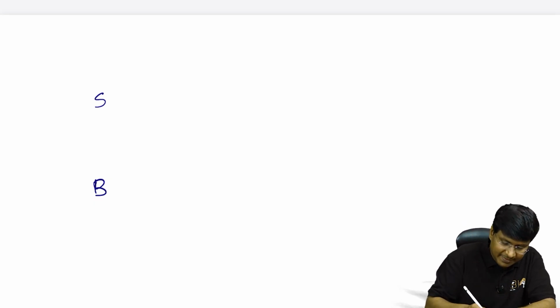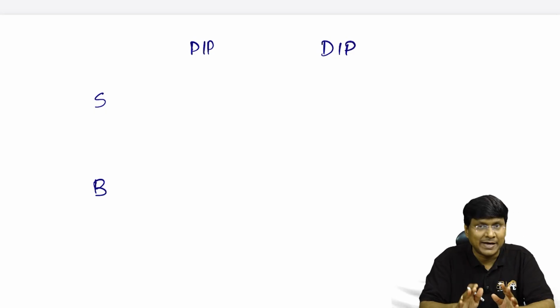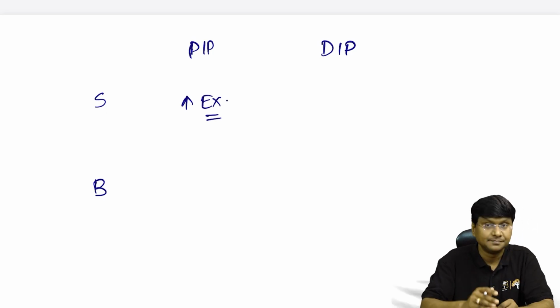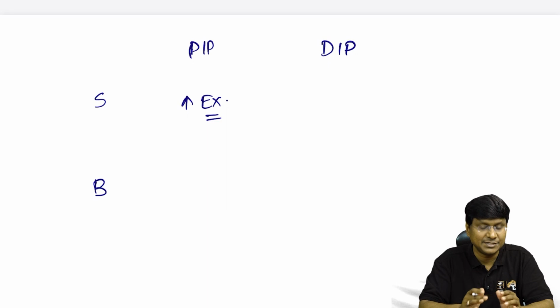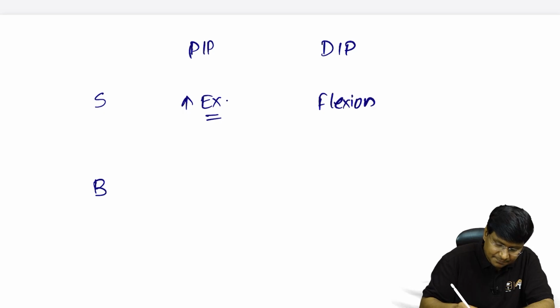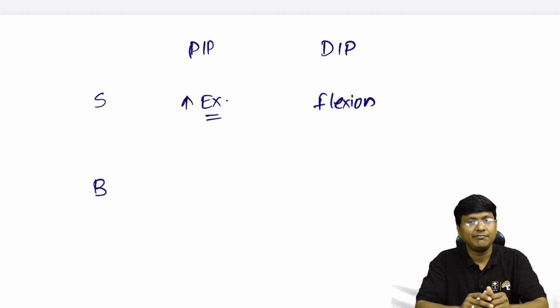So how will the PIP and the DIP be? In swan neck deformity, in the PIP there is increased extension, whereas in the DIP you will have the flexion.